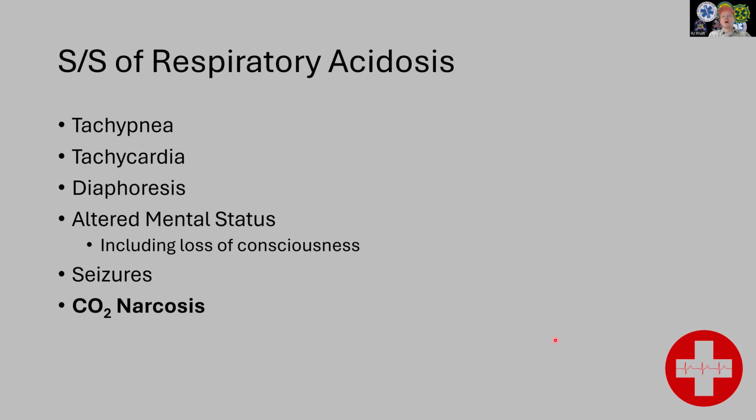The main thing that we thought about with hypoxic drive was, well, we gave them more oxygen, and now their respiratory drive is starting to go down because they're relying on low oxygen levels to promote respiration. Really, what it is when people get into the bad stages of CO2 narcosis, their mental status starts to decline.